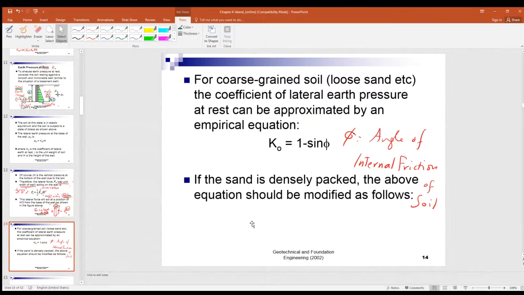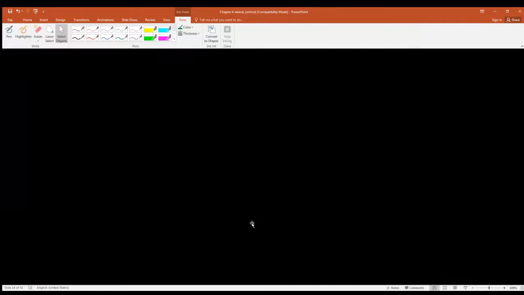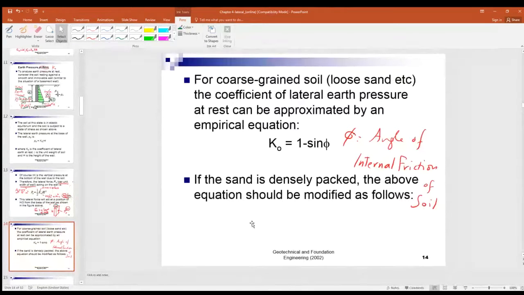We come to the calculation of the K naught. Now, K naught is the coefficient of the soil at rest condition. It's equal to 1 minus sine phi. Phi is the angle of internal friction of soil. Well, we have talked about the cohesion and the angle of internal friction in the last chapter, chapter 3, the shear strength of soil.